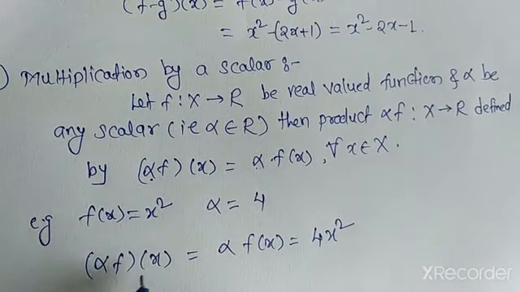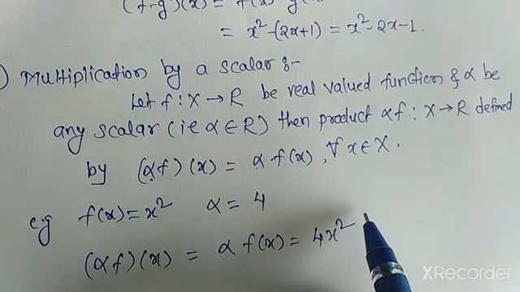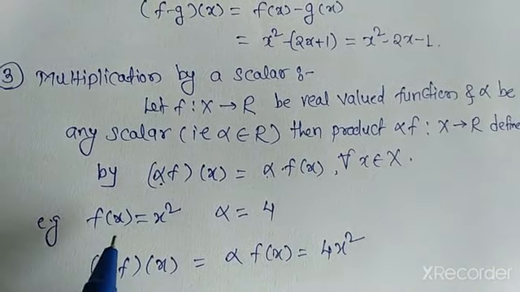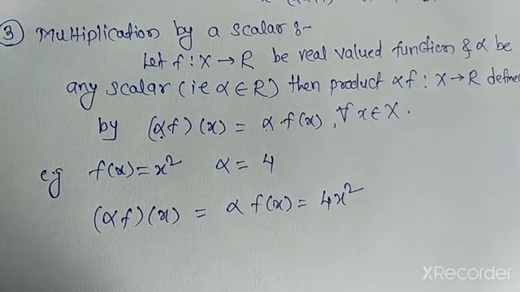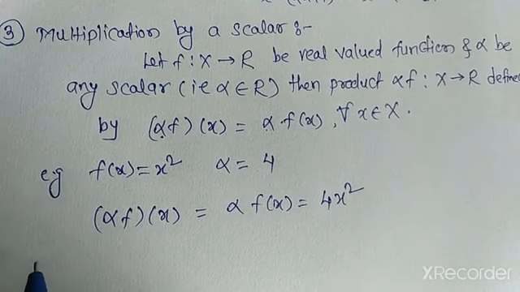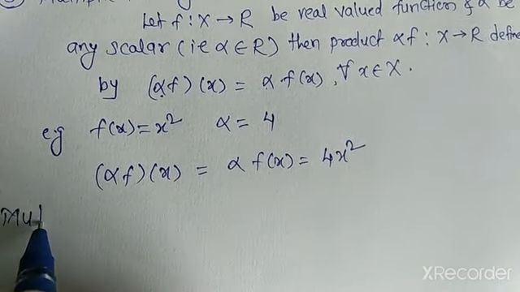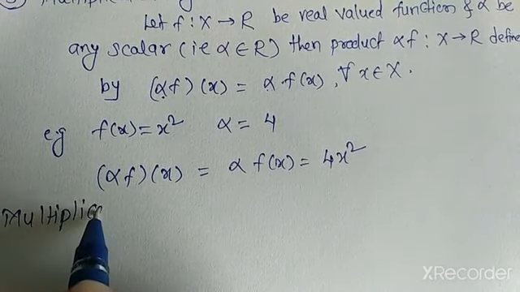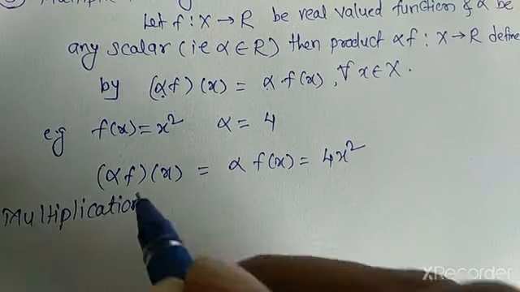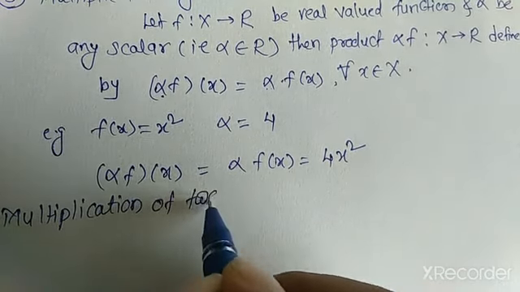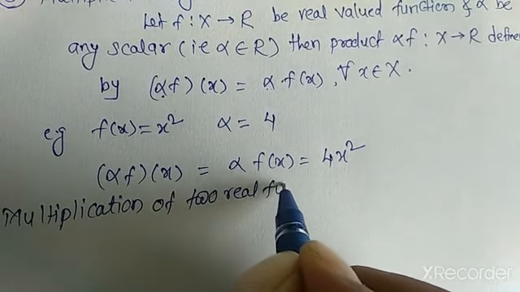So (alpha f)(x) is 4x square. Next it is multiplication of two real functions.